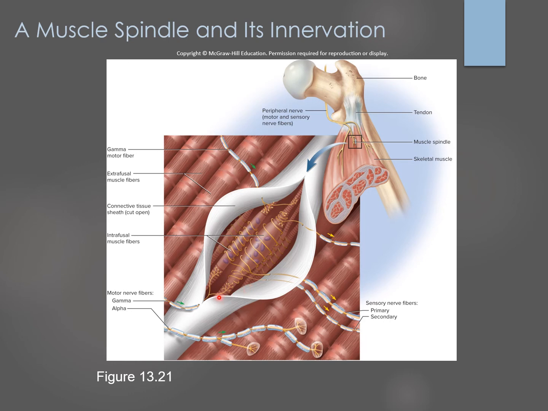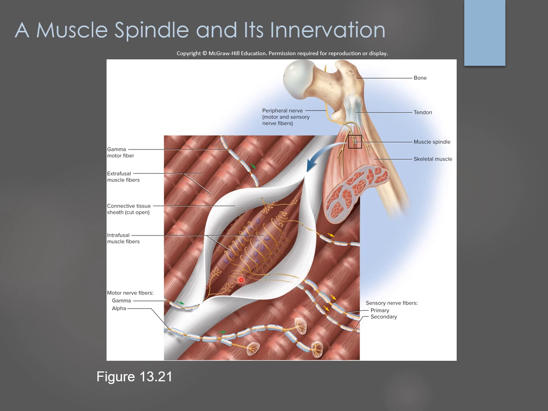Here's an example of a muscle spindle. And what we have in our muscles, we have extrafusal muscles that are going to be responsible for making a major contraction in the muscle. We have intrafusal muscle fibers that are going to let the brain know the position of the muscle.